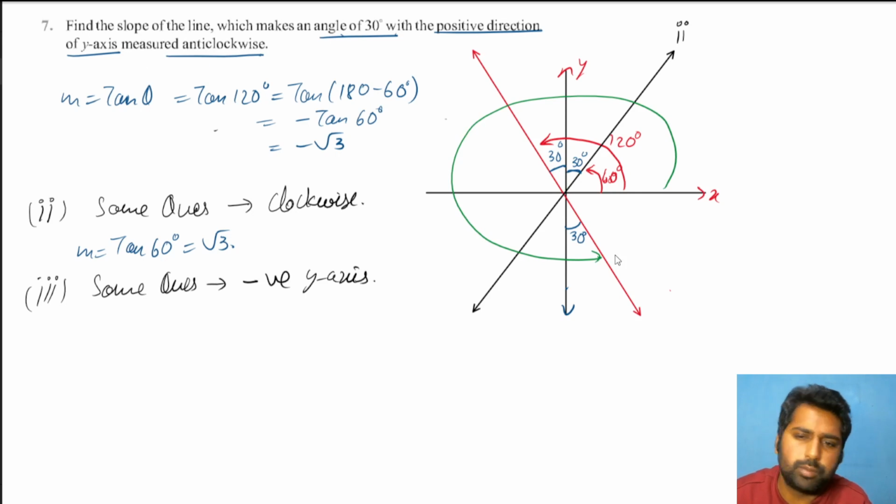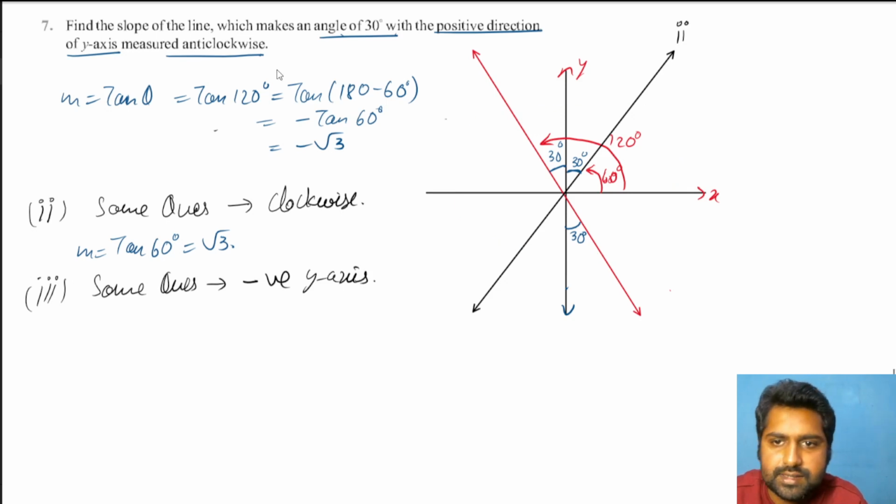Your call, no problem. Measure it like this also, you still get the same answer. But what is the point of measuring it like this? If you already know that this is the same line, so measure it like this only. So that's 120 already, so use that. I'm not calculating it again. m is equal to tan 120, that's minus root 3.